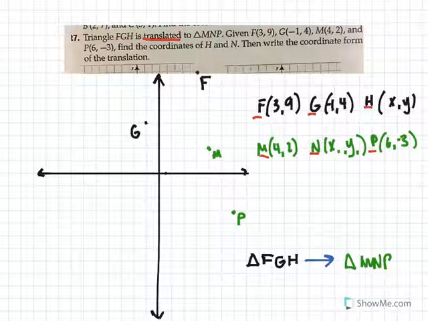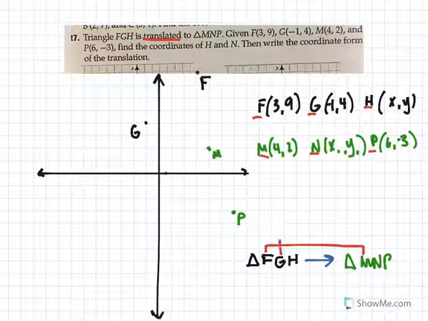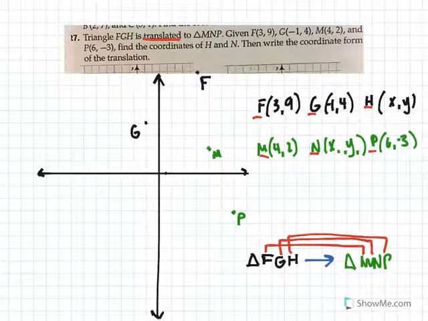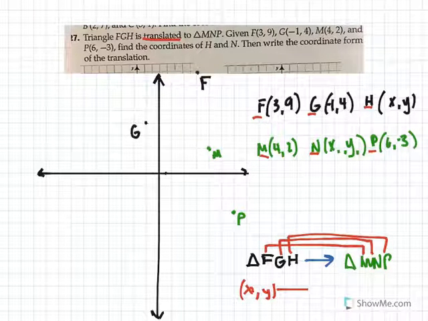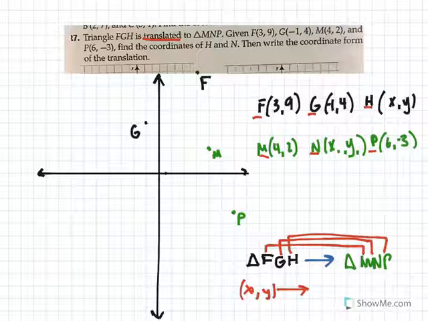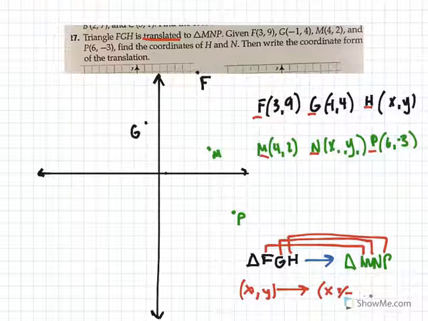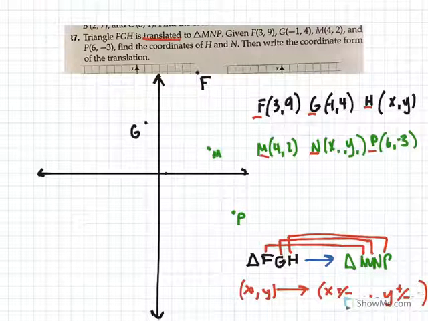Okay. So we know how to get from the original figure to the new one. We just match up the corresponding points. Now remember, when we write a translation statement, we are performing the exact same change on X, and the exact same change on Y for each coordinate.